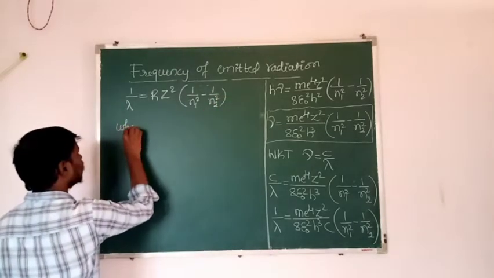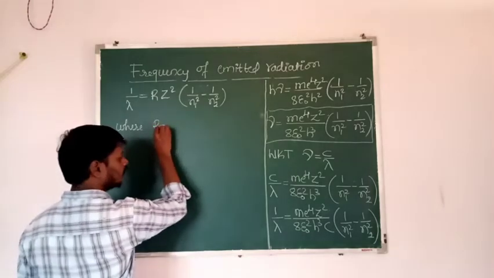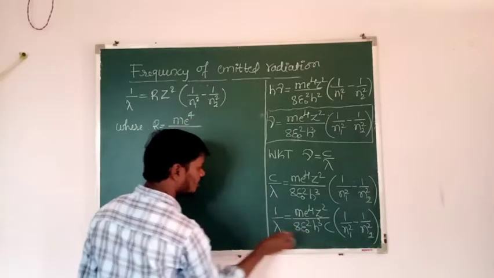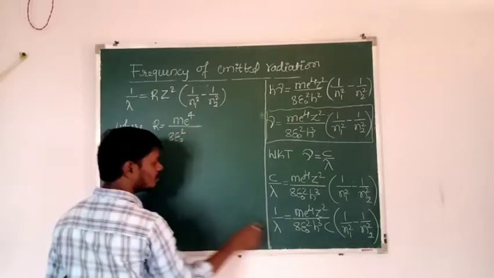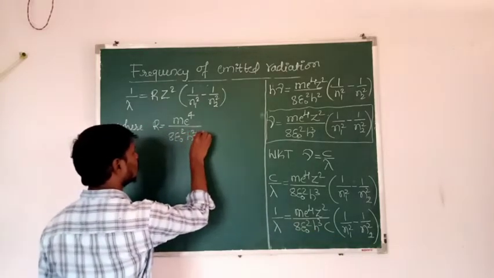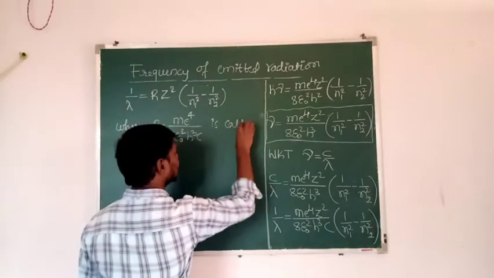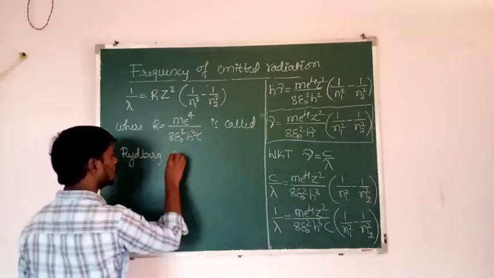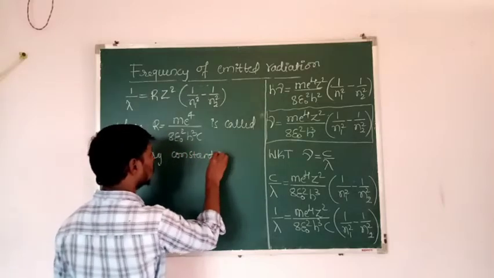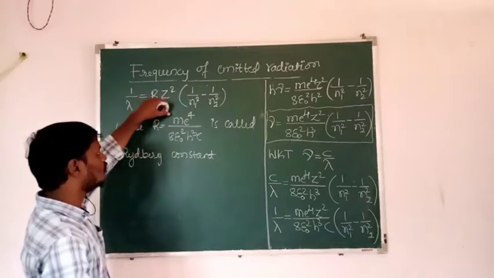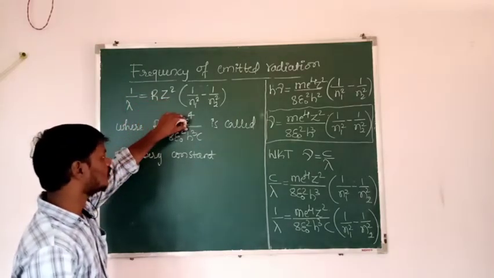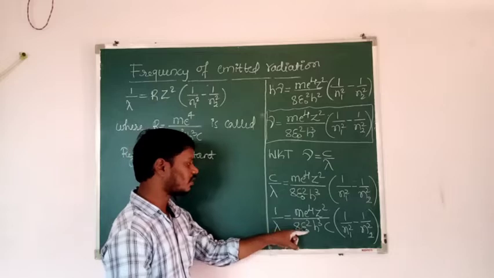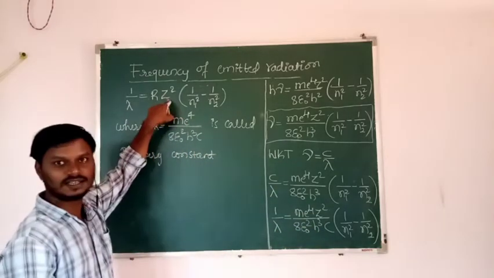Where R is equal to m into e raised to 4 divided by 8 epsilon naught square into h cube into c, is called the Rydberg constant. Then z square, R into z square.